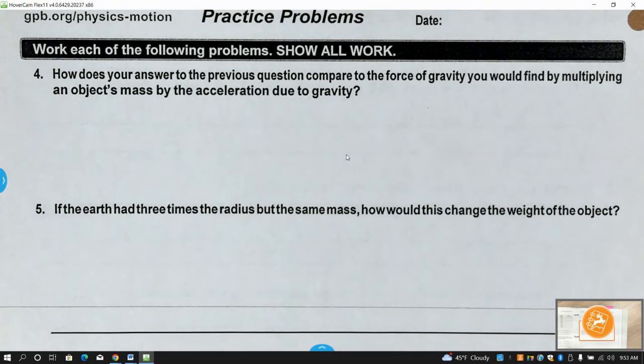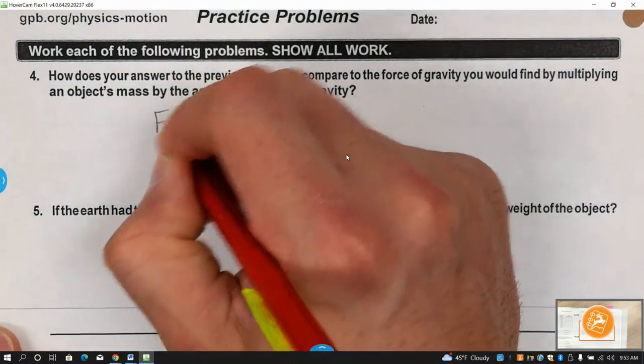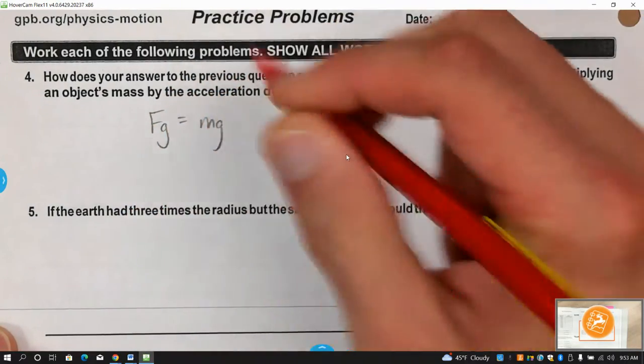How does your answer from the previous question compare to the force of gravity you would find by multiplying an object's mass by the acceleration due to gravity? Well, I kind of just actually did that, right?